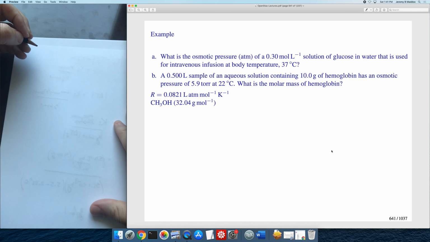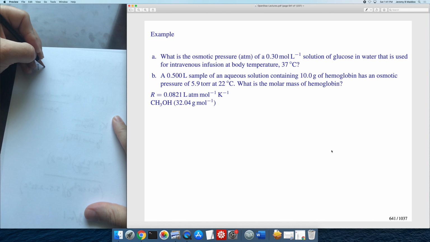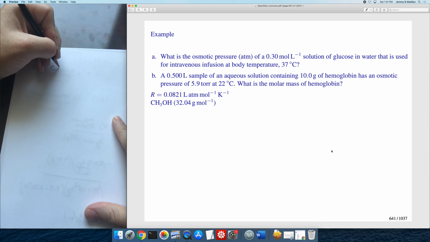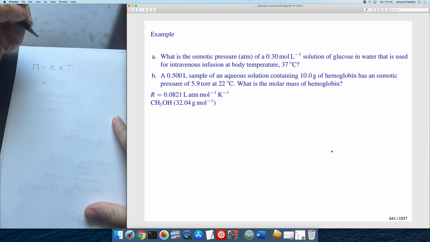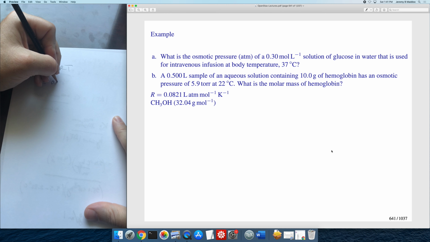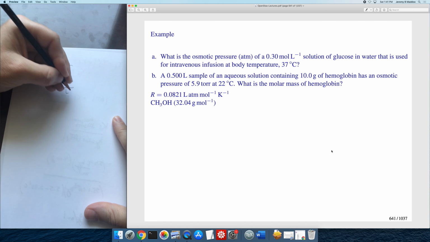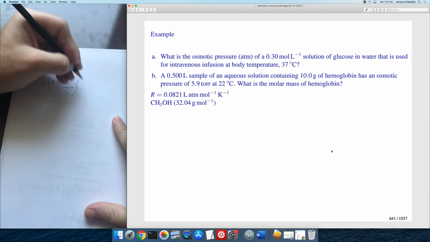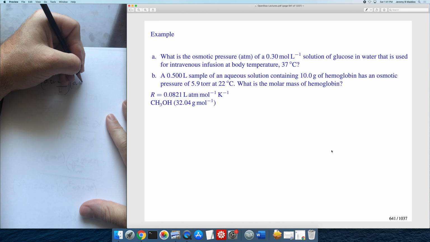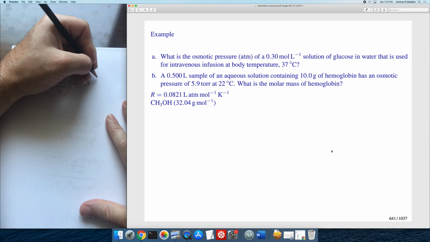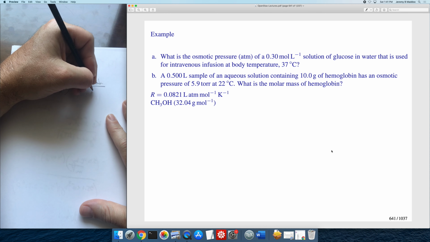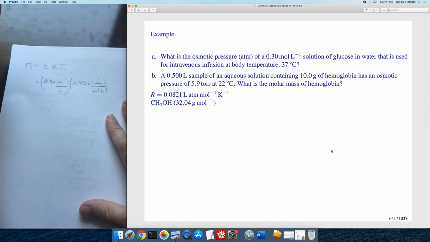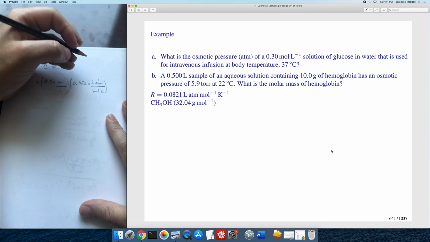So we'll take pi equals CRT. The molarity is 0.30 moles per liter. We'll take that times the gas constant, 0.0821 liter atmospheres per mole Kelvin.